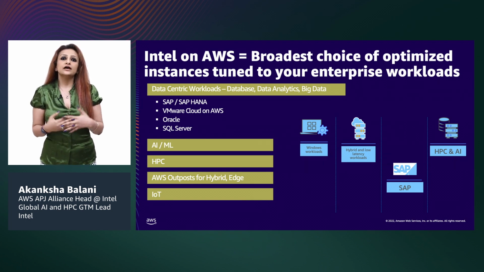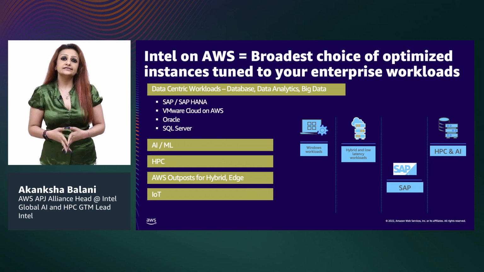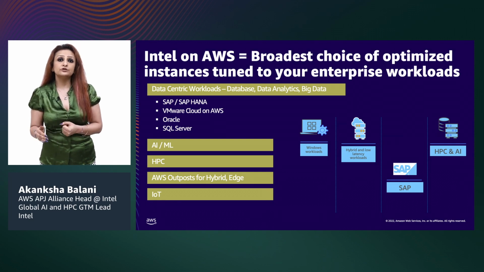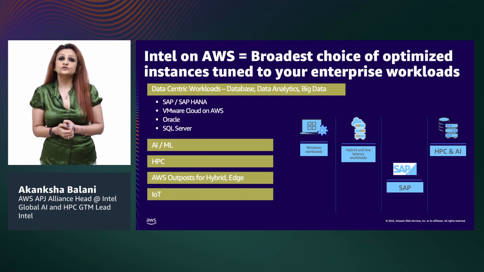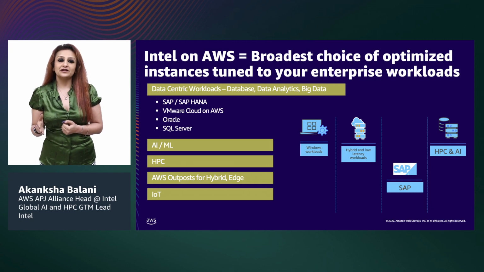Not only will Habana processors help you on your training journey, but the existing C5 instances that are powered by Xeon that have deep learning boost capabilities, vector neural network instruction sets, as well as AVX512 instruction sets built into our hardware, they will also help you start your journey on AI on CPU-powered instances, which will give you an immediate price as well as a performance betterment.